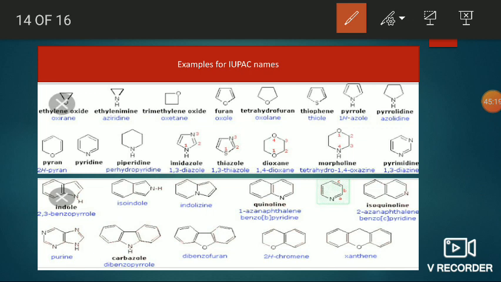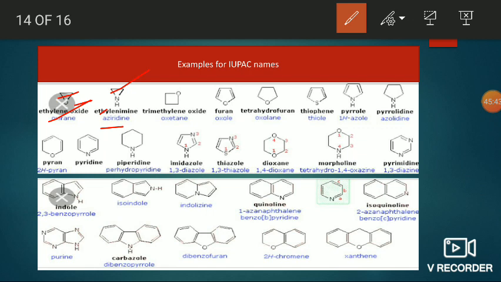First, the two- or three-membered heterocyclic compounds. It is oxirane. The blue color indicates IUPAC nomenclature and the black color indicates trivial names. Ethylene epoxide is, according to IUPAC, oxirane.